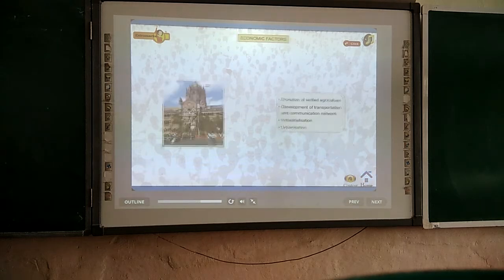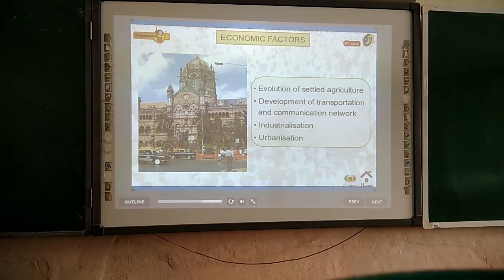The economic factors which influence people to settle down at a place include evolution of settled agriculture, development of transportation and communication network, industrialization, urbanization.